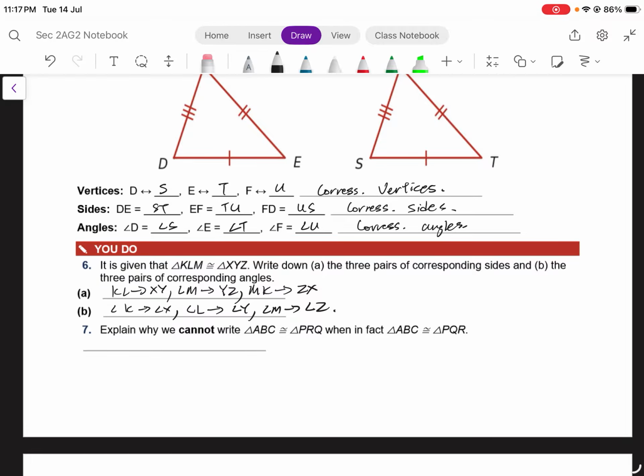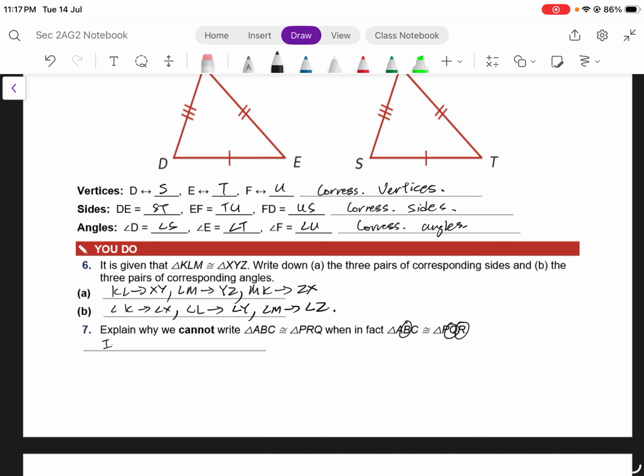Okay, explain why we cannot write ABC is congruent to PRQ when in fact ABC corresponds to PQR. It is because B corresponds to Q, not R. Right?